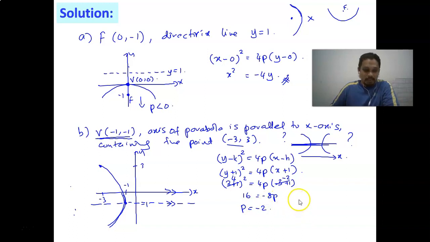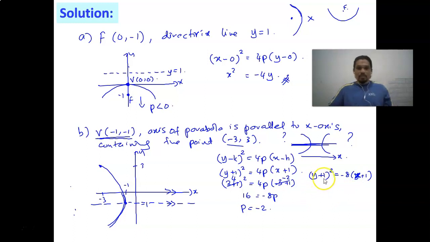So when p is negative 2, we substitute everything into the standard equation of the parabola, which is (y plus 1) squared equals 4 times negative 2, which is negative 8, times (x plus 1).